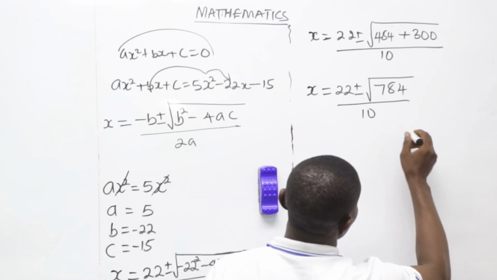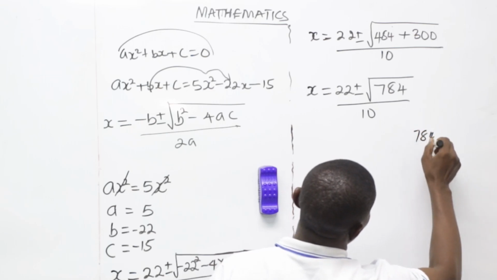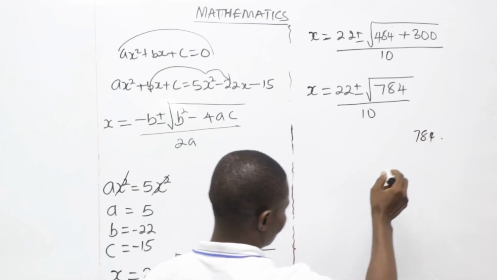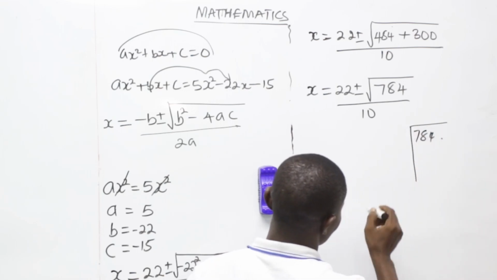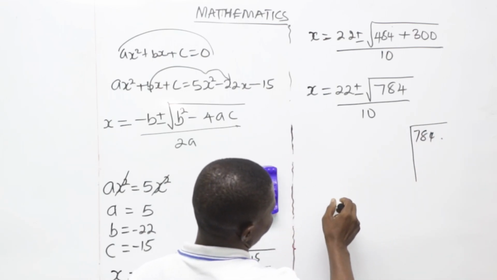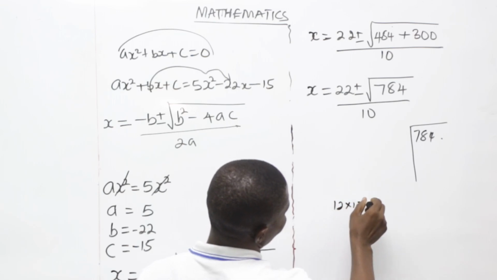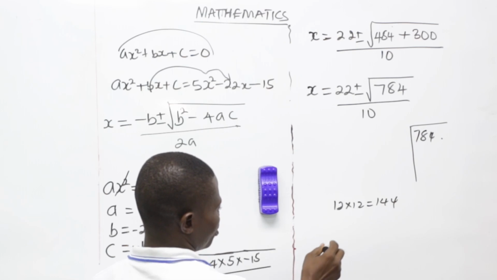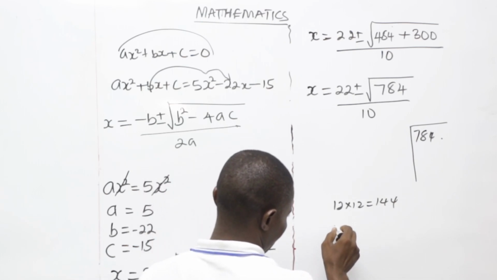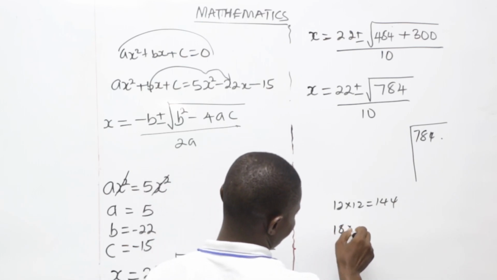Looking at 784, the square root. We know that 12 times 12 equals 144. It's not up to this. We know that, let's say 18 times 18.